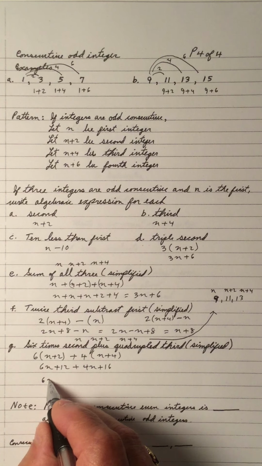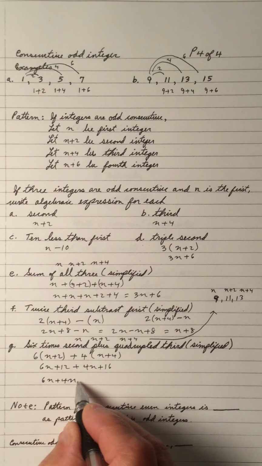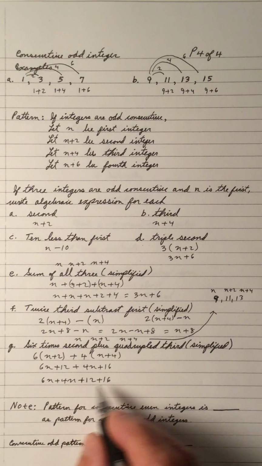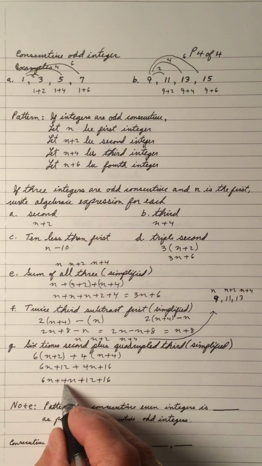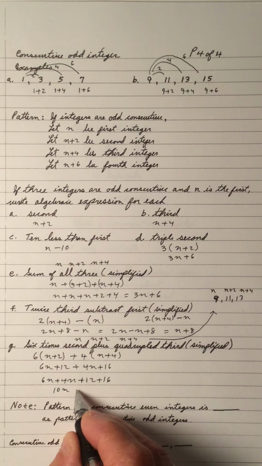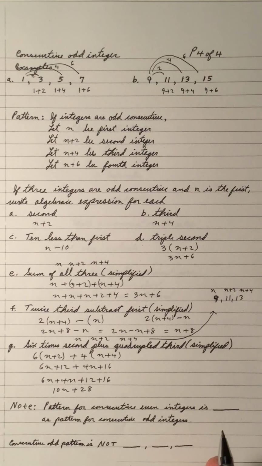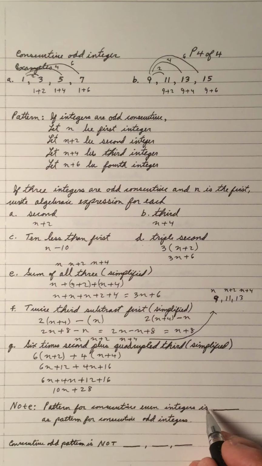Group your like terms. Put your n's together. Put your numbers together. And that gives us 6 plus 4 is 10n. Add on 28. Simplify.